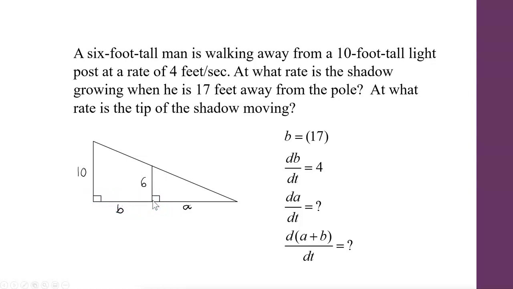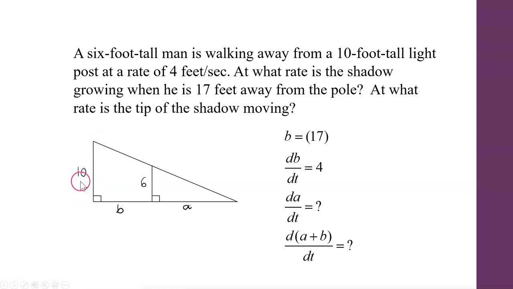Right? So notice I am told that the man is 17 feet away from the pole, right? So if this is the man, I am told he is 17 feet away from the pole, except that length is not a constant. So that length keeps changing. And as I label things in my diagram, I am only labeling things that are constant.